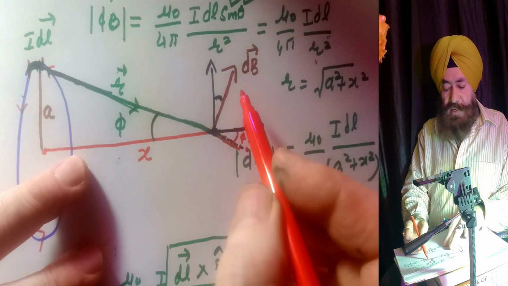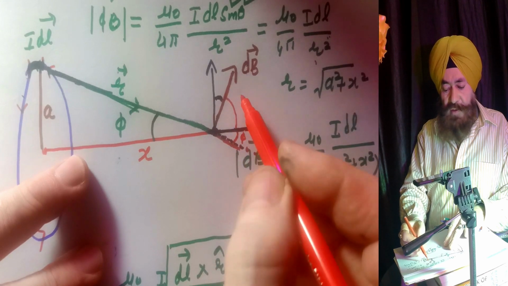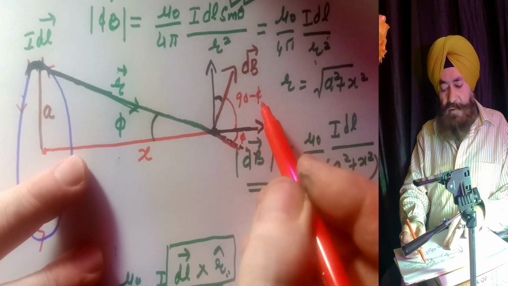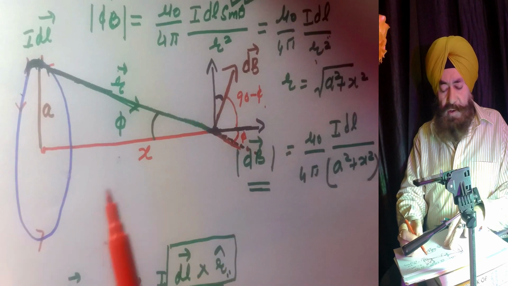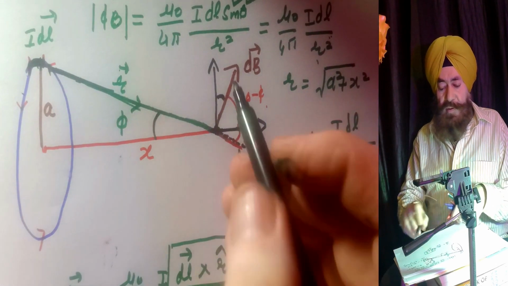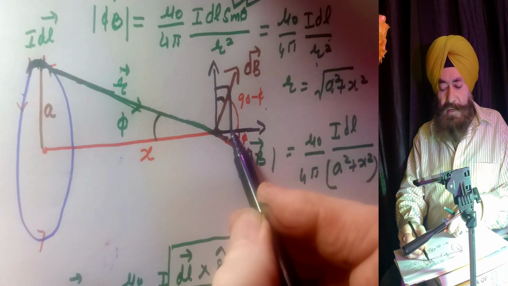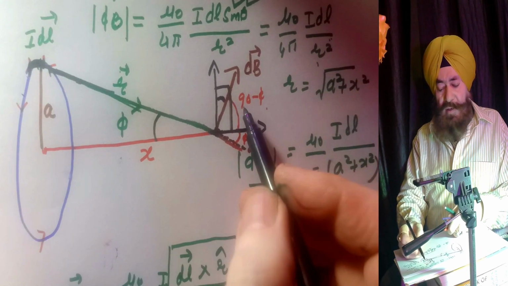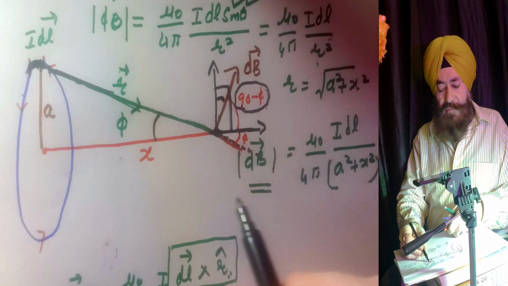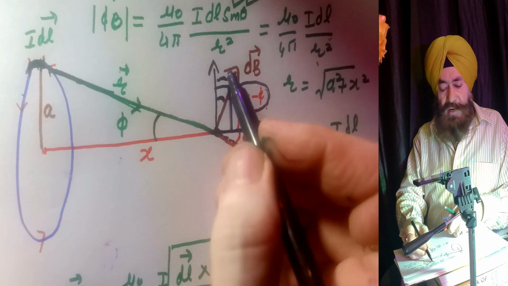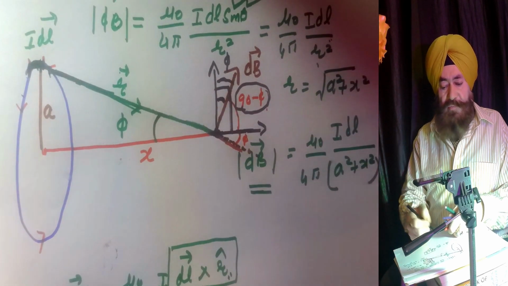So if this angle is phi, this angle will be 90 minus phi. Now coming here, this total angle is 90 degree. This angle is 90 minus phi. What will be this angle? It is left phi. Okay.